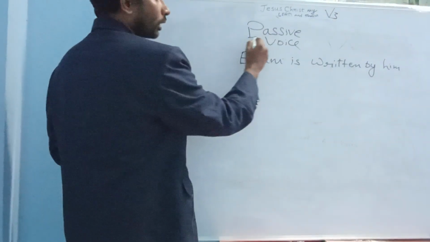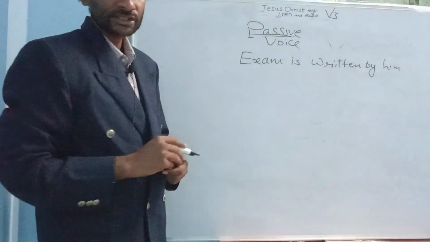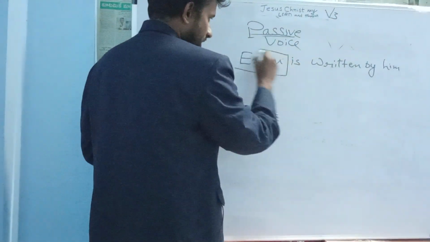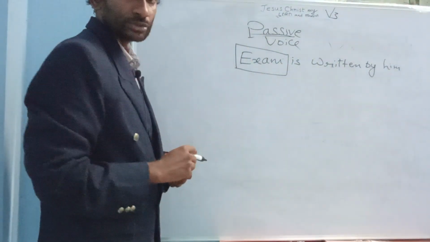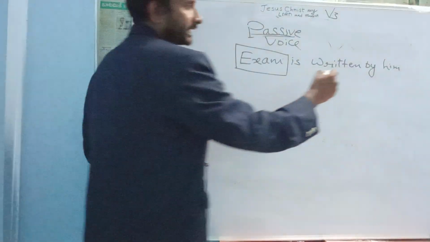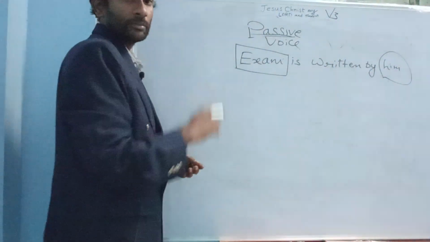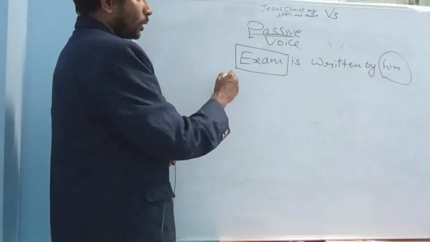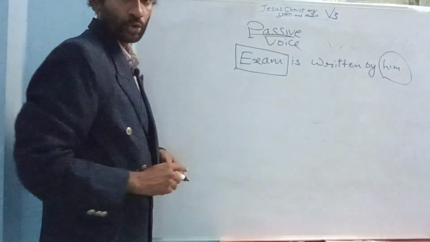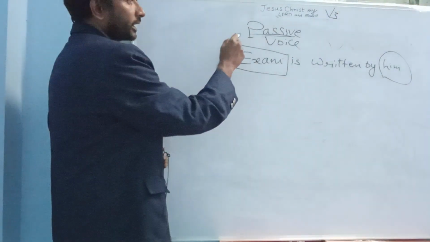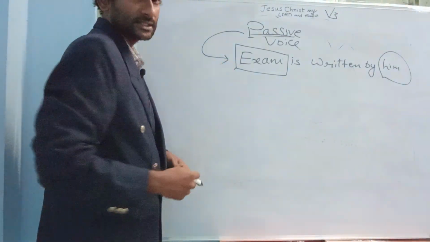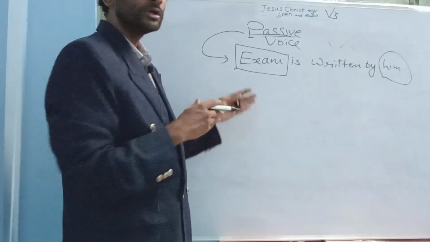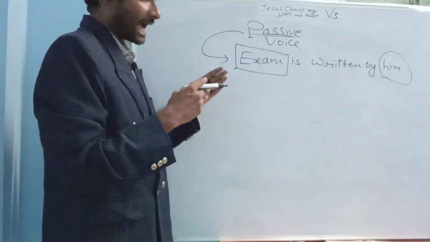So in passive voice, the object becomes a subject, and this is the most important thing, and not him. Whoever may be writing the exam is not so important, but what he has written is very important. So that is why passive voice takes the object and makes it a subject to give due importance to that aspect.